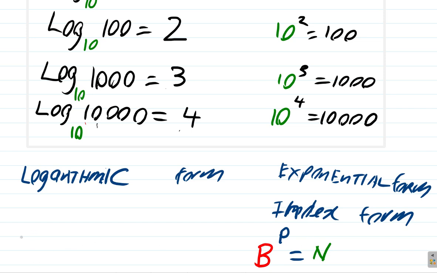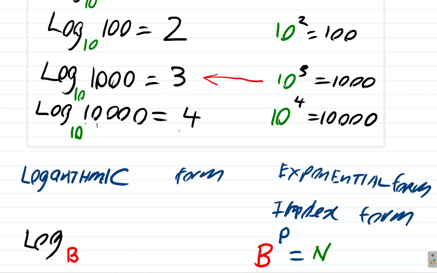Then when it comes to logarithms, notice we're going to rewrite from exponential form to logarithmic form. In other words, from index form to log form. Let's concentrate on this one. The base of the exponential form is 10. The base of the log is 10. Then after that, the index is 3, and the answer here is 3.